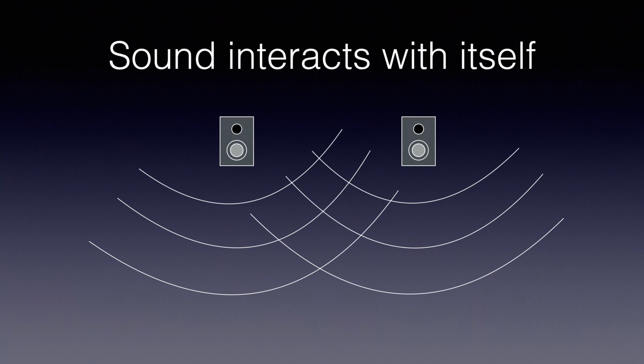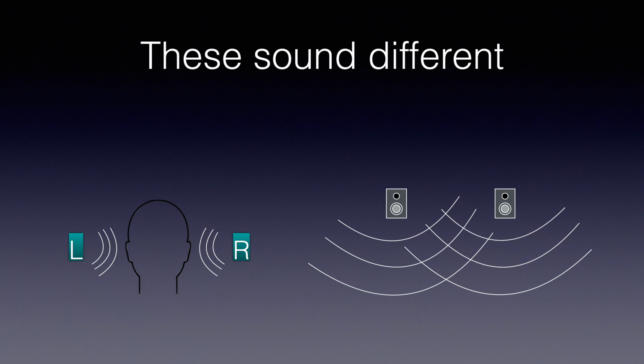Well, when you have not headphones, like these bookshelf speakers, the left channel comes out of here, the right channel comes out of there, and then in the middle, the sound actually interacts with itself. Some frequencies are added, some are cut out, you might have different phasing stuff happening. The point is, it sounds different.